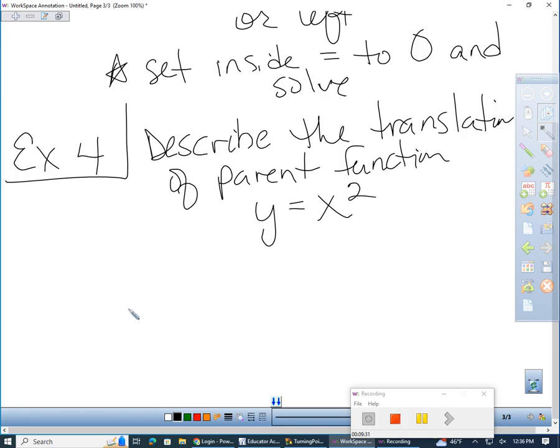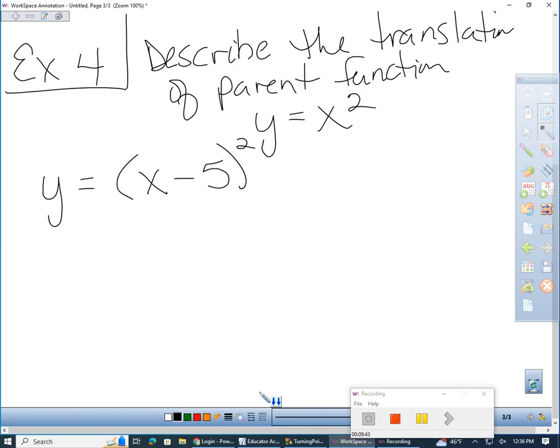So the first one I have is y equals x minus 5 squared. So technically I take what's inside where x is, this x minus 5, I set it equal to 0 and I solve it. I get x equals 5. This means that I go to the right 5.